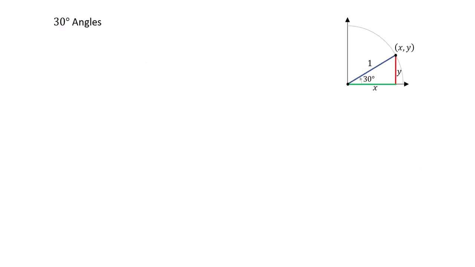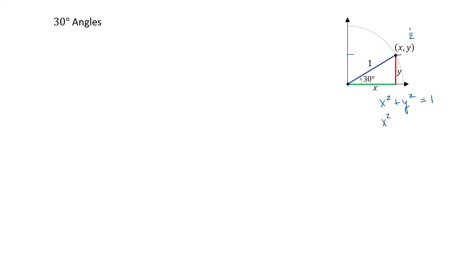Now let's take a look at a 30-degree angle. With a 30-degree angle, this height is 1/2, so I know that my y is 1/2. I can use my Pythagorean theorem: x squared plus y squared equals 1 squared, and try and solve for my x.